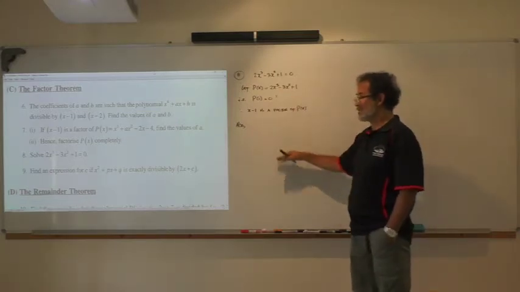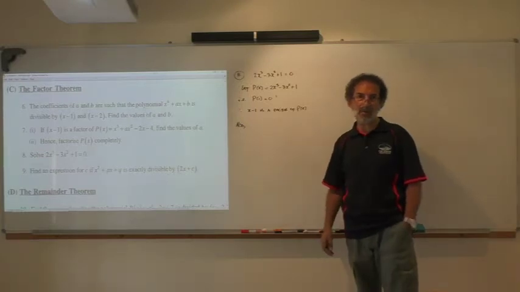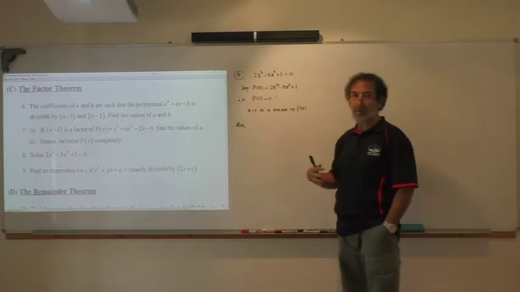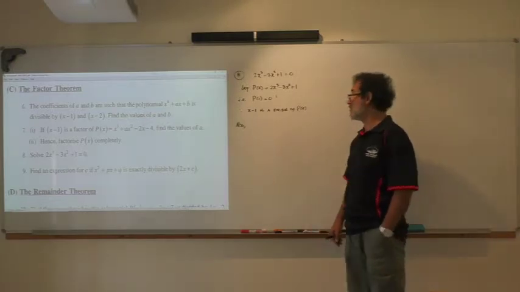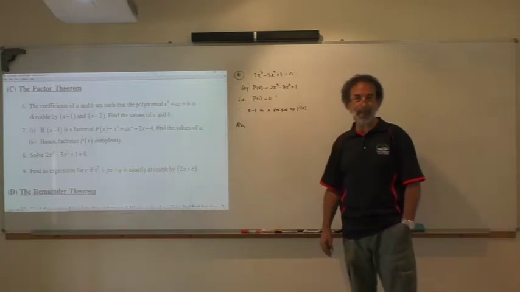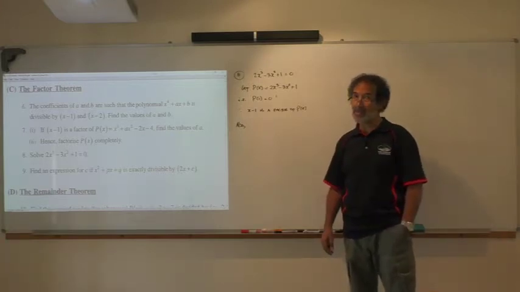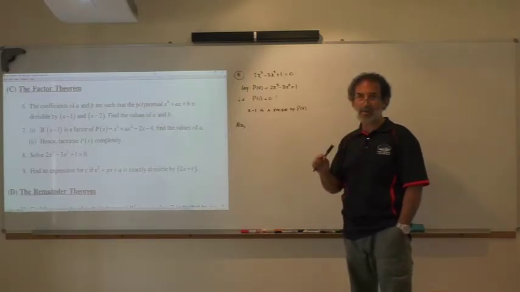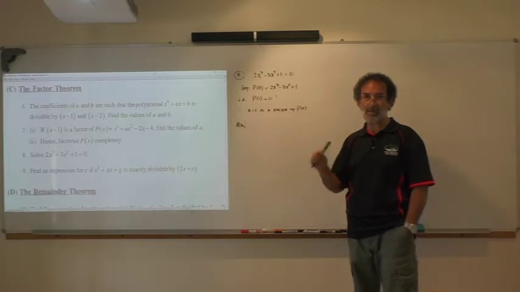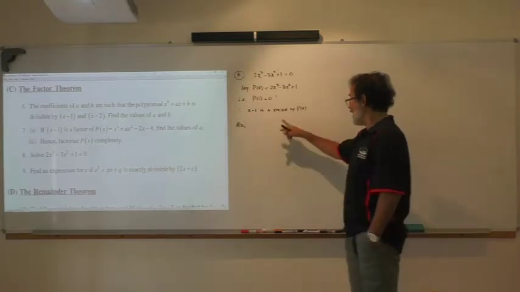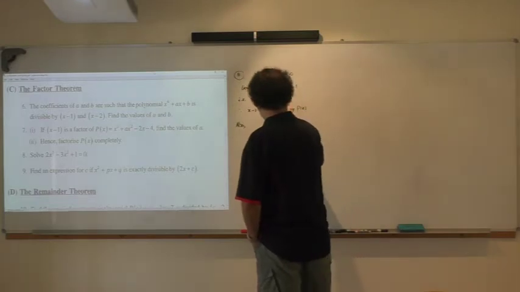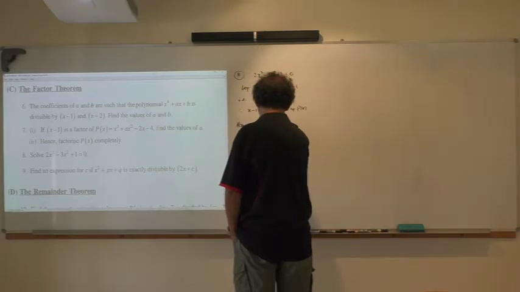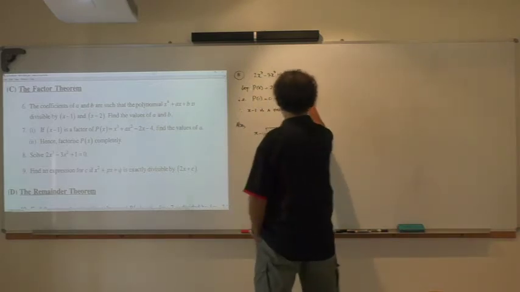But I'm just going to follow the same format that we have been doing previously. But if you can do this in a different way, you are more than welcome, except if the test says to do the answer in some particular way. Okay. All right. So let's divide this polynomial by x minus 1.